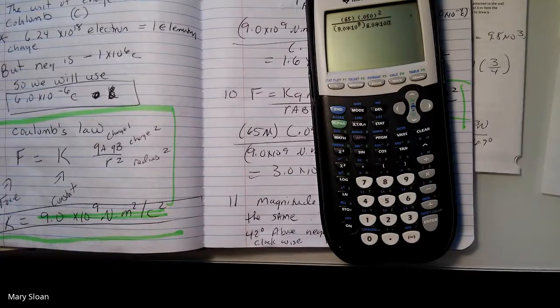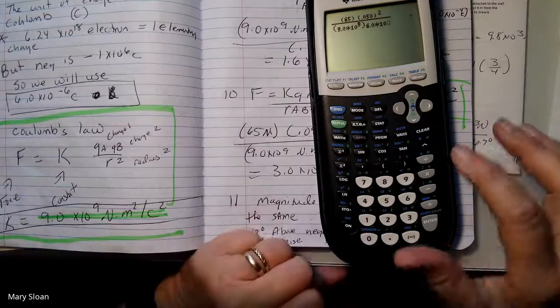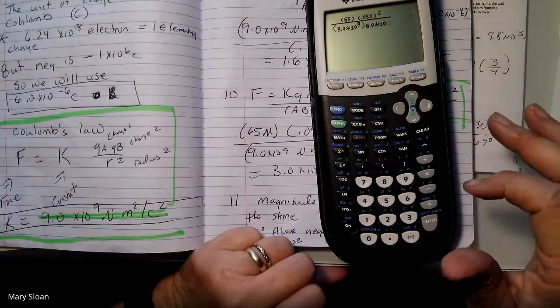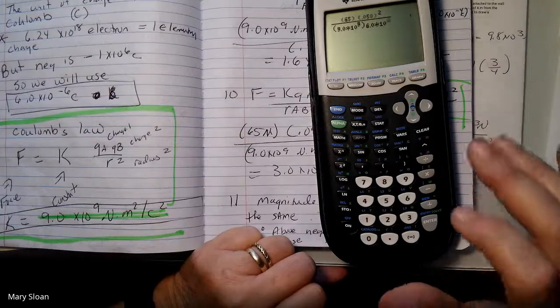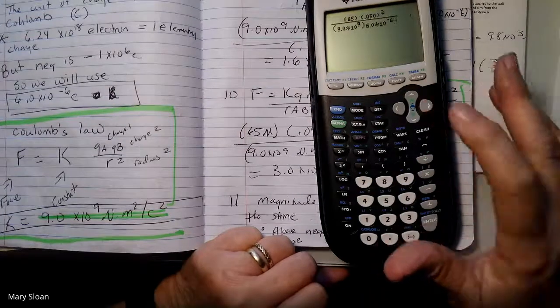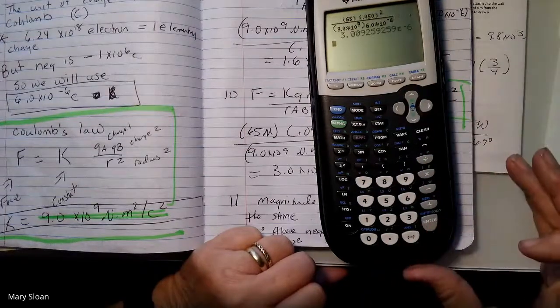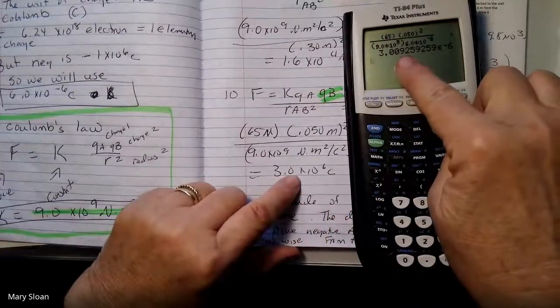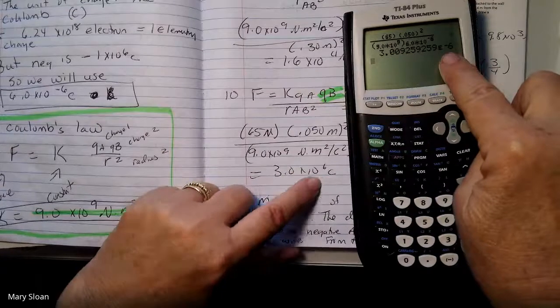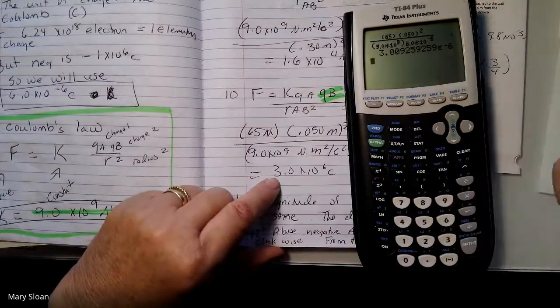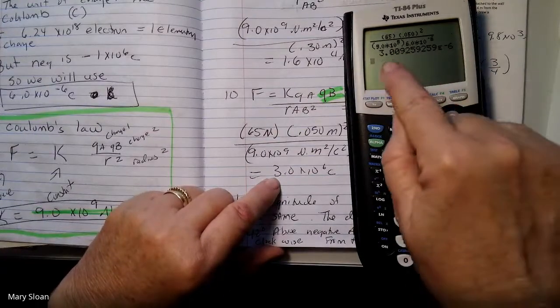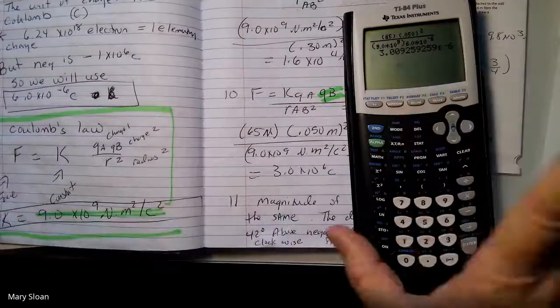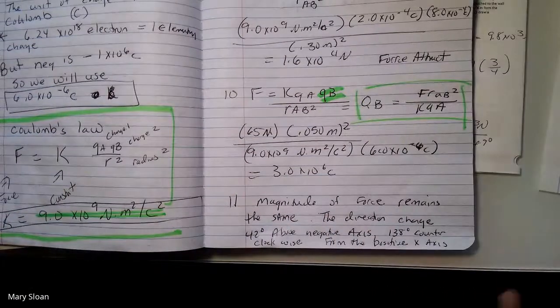Yep. And I'm going to do negative 6. And when I do that, I get 3.009 times 10 to the negative 6. And I just went ahead and changed the sign. And then I changed it to 3.0. And that's how you do number 10.